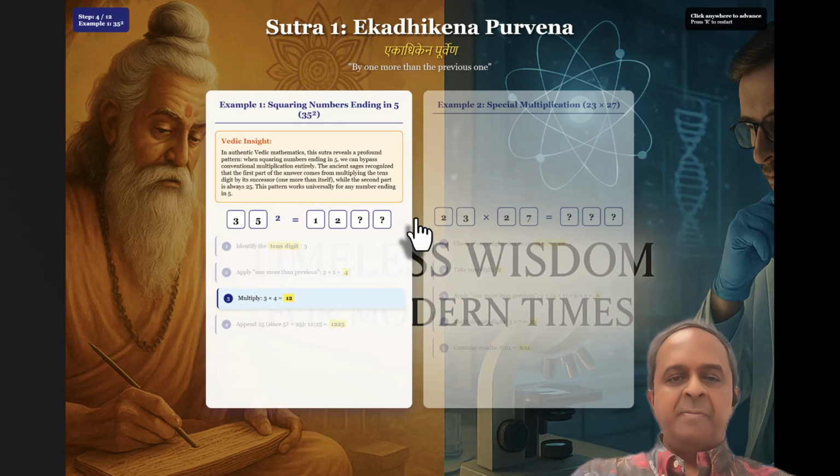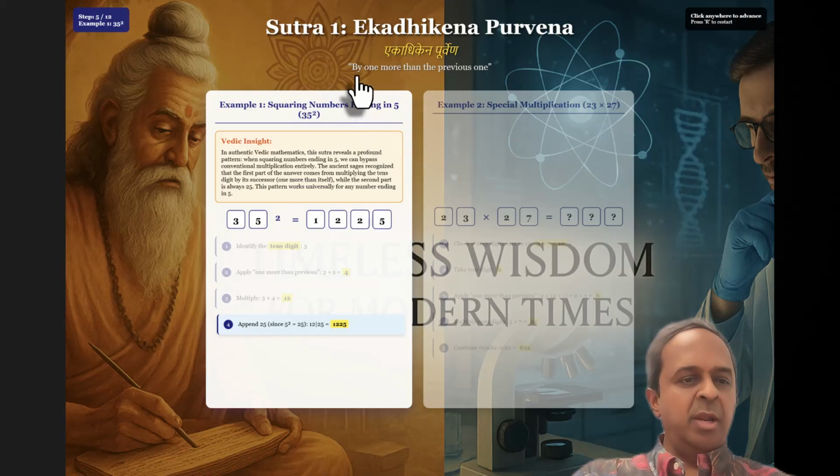As simple as that, in step 3 you filled up the first two digits. And then step 4 is 5 times 5, which is 25. So the result of 35 squared is 1225 using the first sutra, by one more than the previous one.